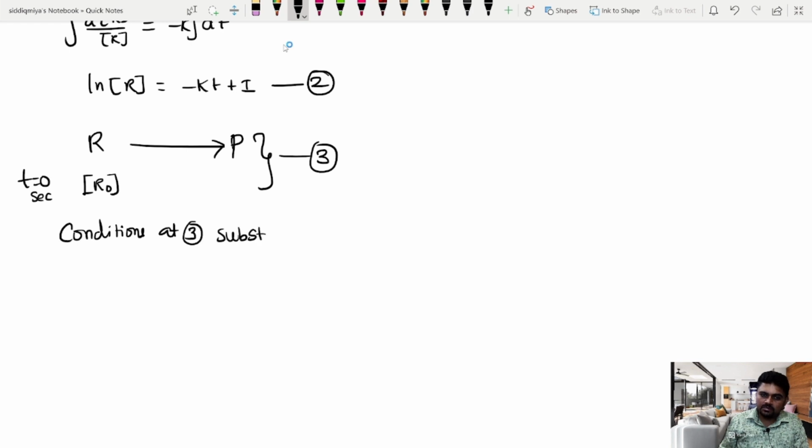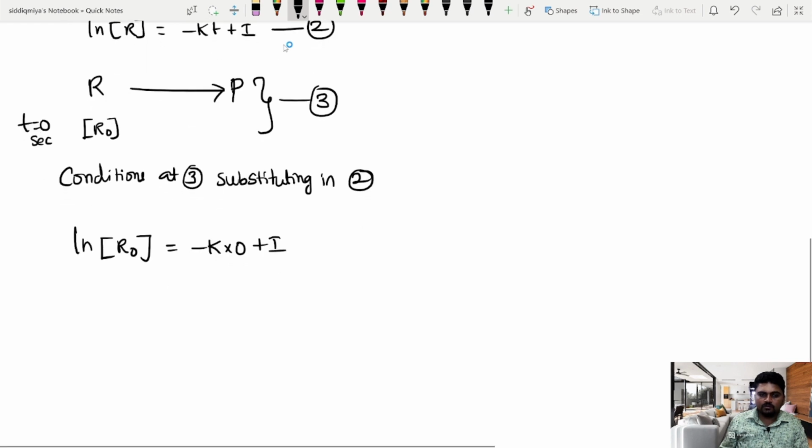Substituting the conditions of equation 3 in equation 2: ln R naught is equal to minus K into 0 plus I.